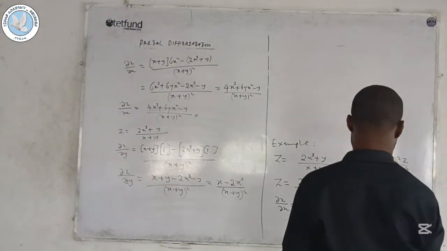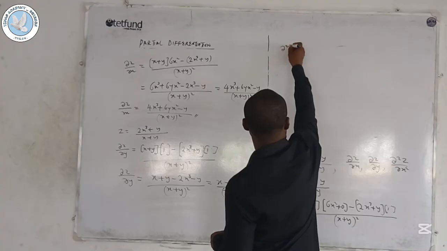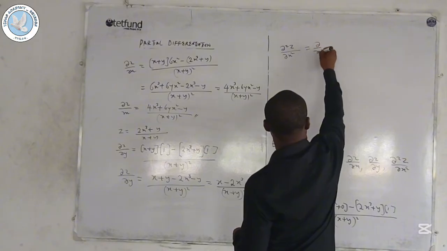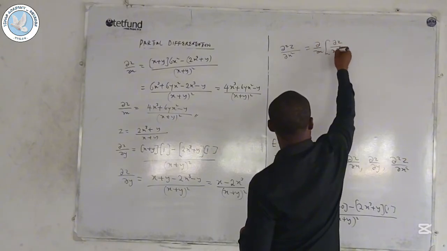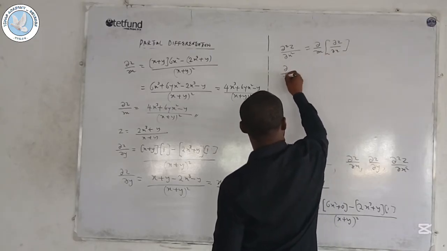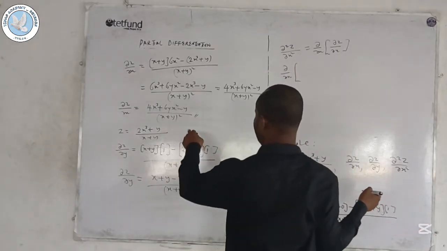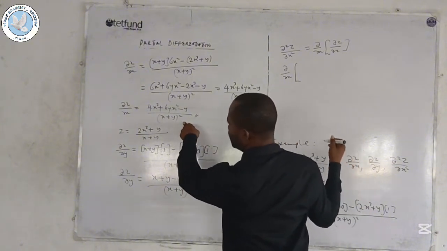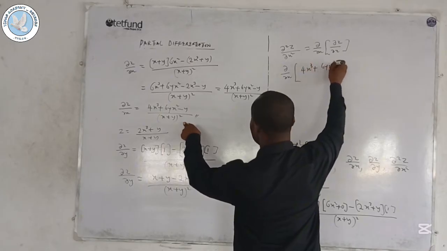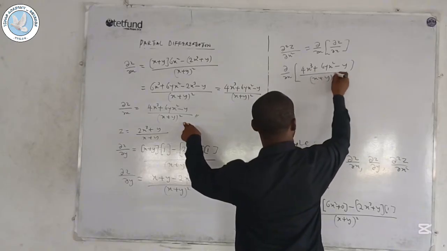With respect to x, we have that this is the same thing as x into dz/dx, and that is this into what we got for dz/dx, which gives us 4x cube plus 6yx squared minus this divided by this plus this.